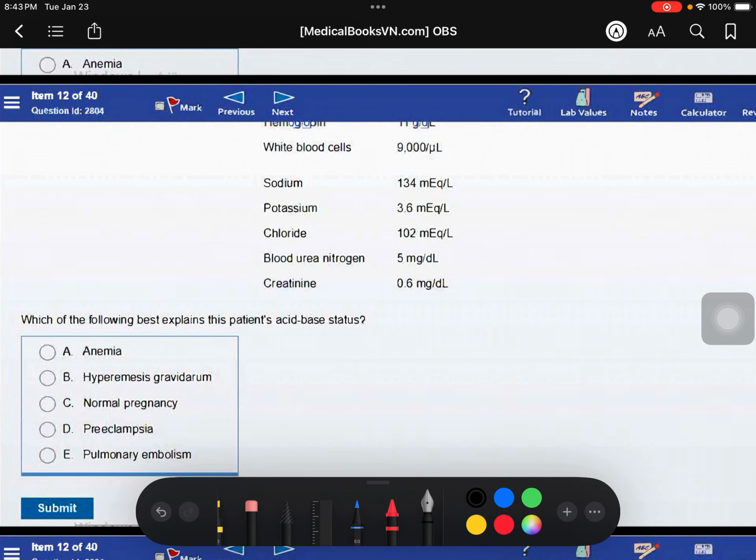So we can come directly to the question: what are they asking? They are asking which of the following best explains this patient's acid base status. I think this is a normal pregnancy, with normal changes during pregnancy.